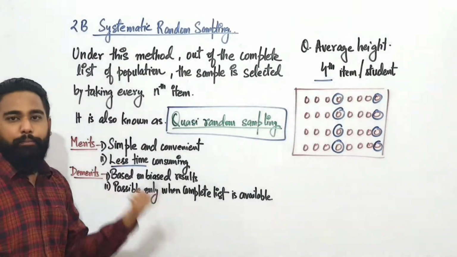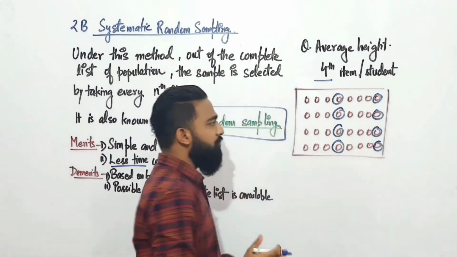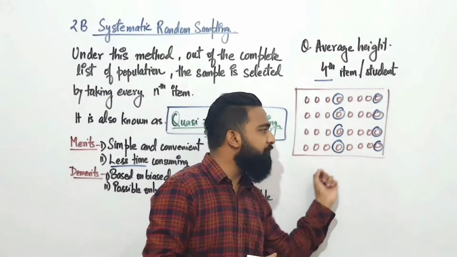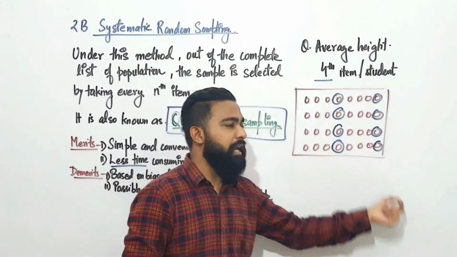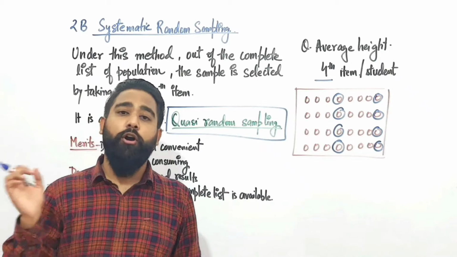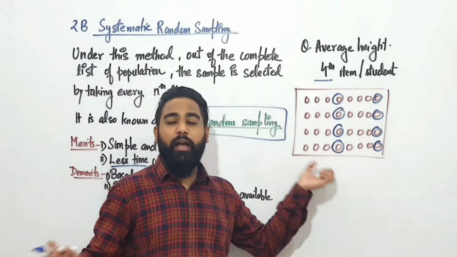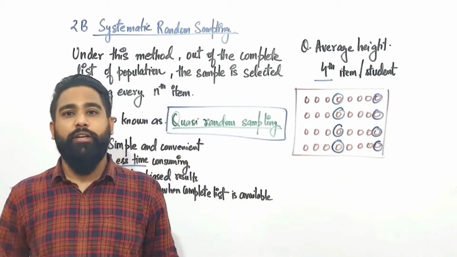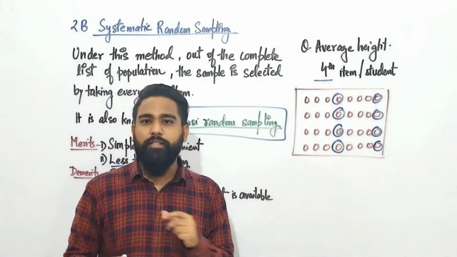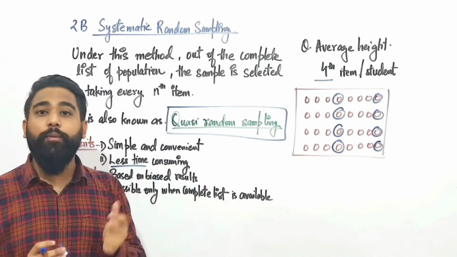It can be biased. Suppose there are students, and every 4th person sitting on the bench is already the tallest one or the shortest one, then my data will be according to the tallest students or the shortest students. Then my inquiry will become less accurate.